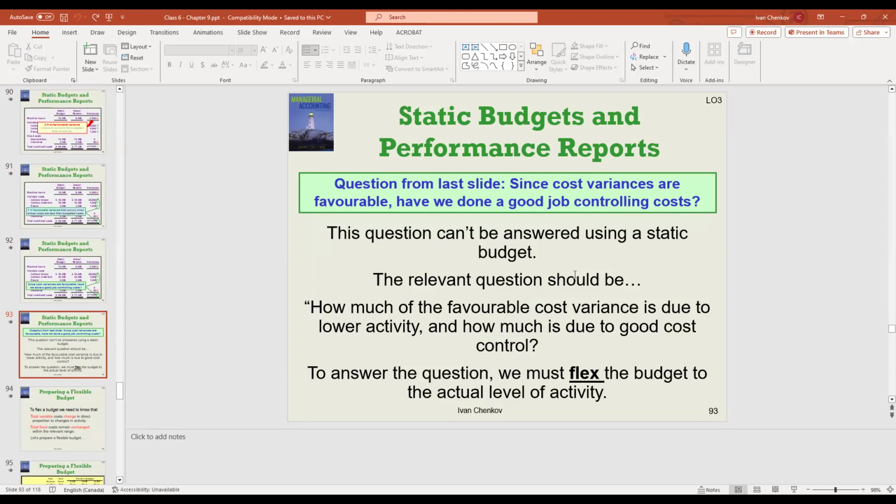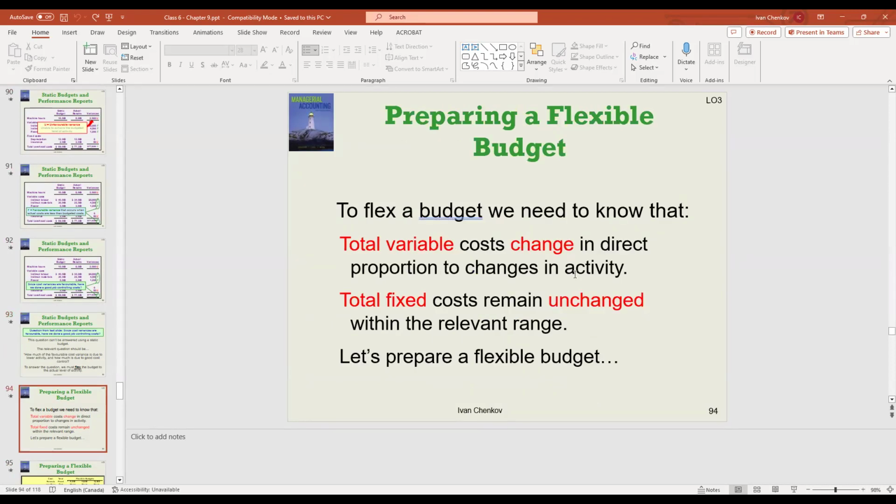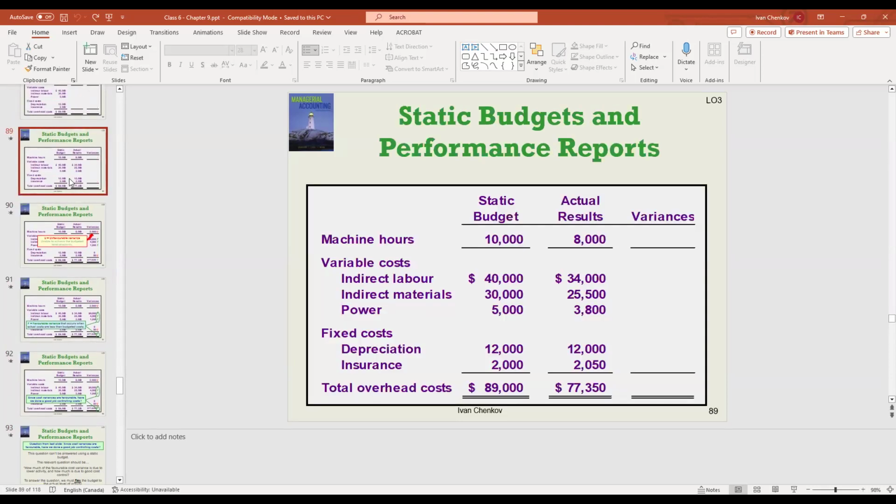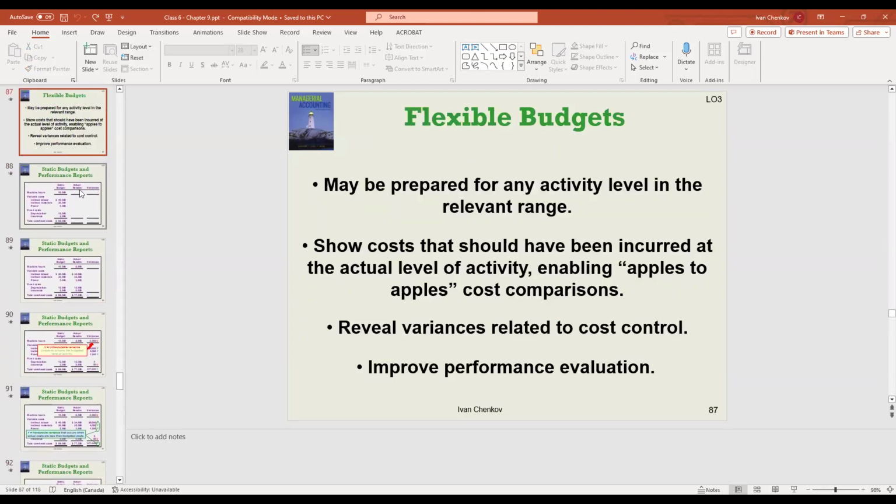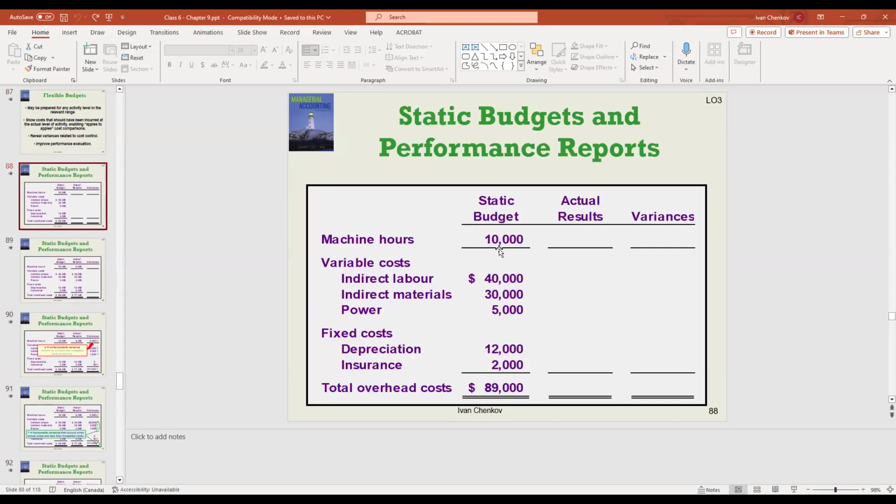What do we need to know about the flexible budget? We need to know that the variable cost per unit always stays the same, and fixed costs in total always stay the same. Having that in mind, looking at this information for the 10,000 machine hours, how much is the direct labor for 1 hour?